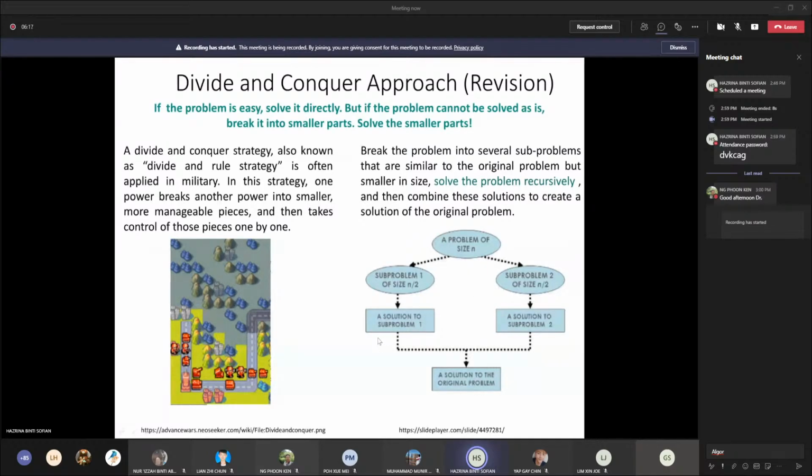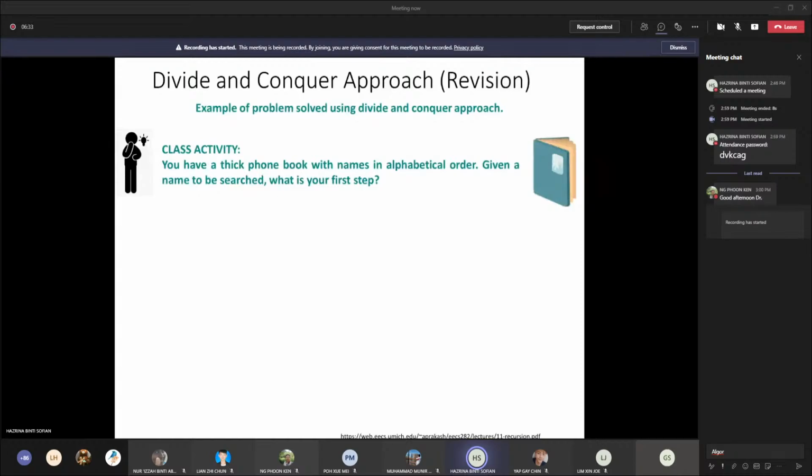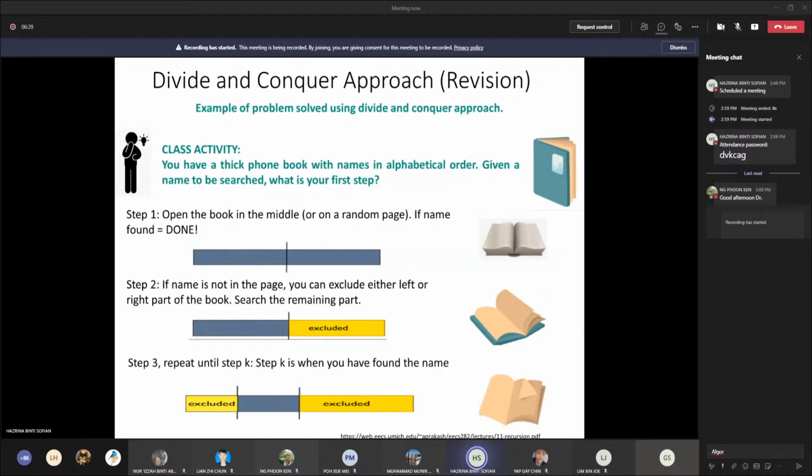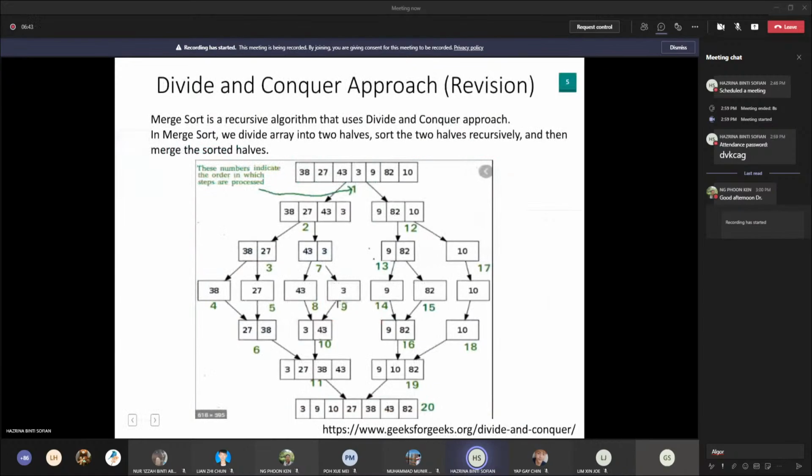And then each of you needs to solve the sub-problem, and during the tutorial session, everybody will get the solution for all 10 questions. Okay. The same slide.